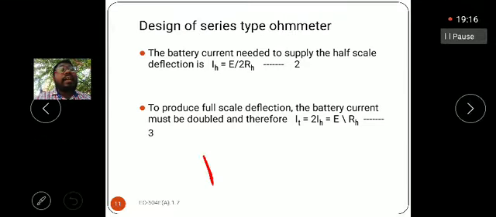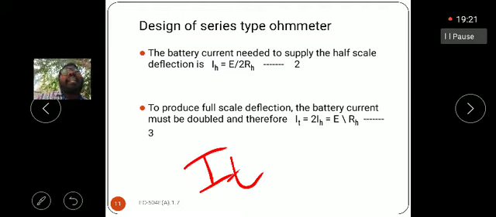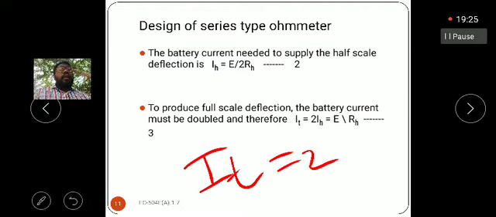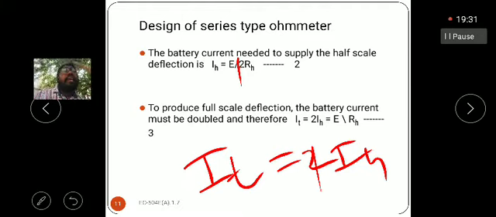Here IH cancels, then we get the full scale deflection current must be doubled, so IT is equal to E by RH. This is the second equation.